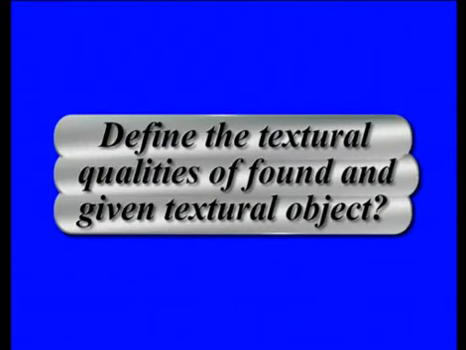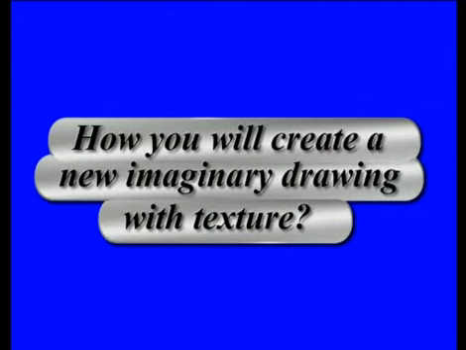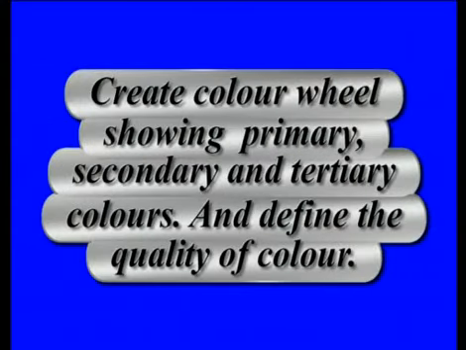Define the textural qualities of found and given textural object. How will you create a new imaginary drawing with texture? Create a color wheel showing primary, secondary and tertiary colors and define the quality of color.